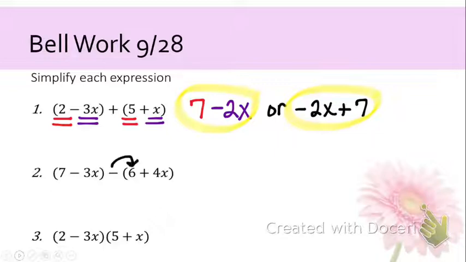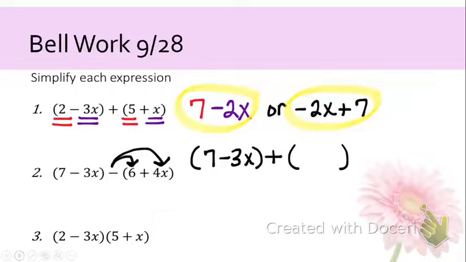So I'm going to distribute that negative and write it as 7 minus 3x and then plus everything that came after the negative, we're going to change the sign. So you see how that's a positive 6? It would change to a negative 6. And the positive 4x would change to a negative 4x.